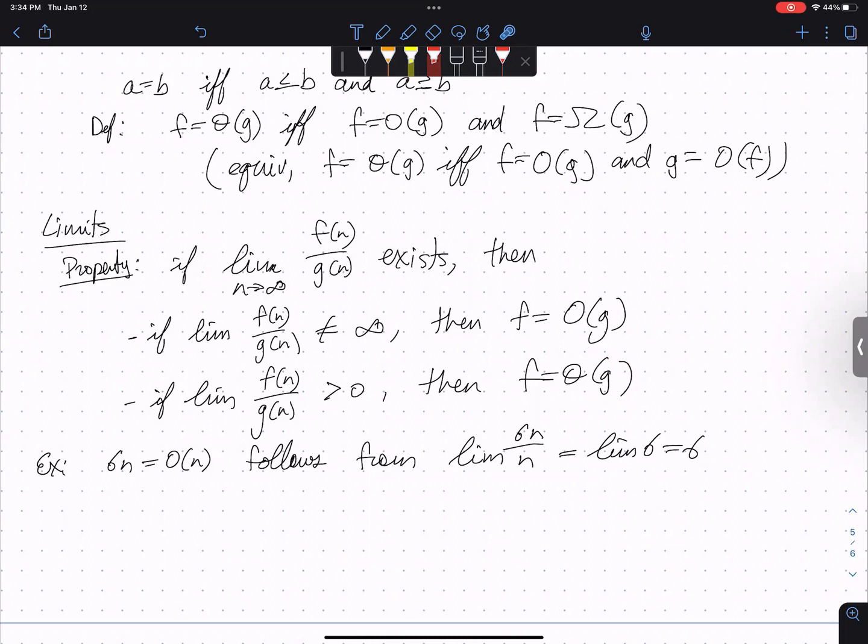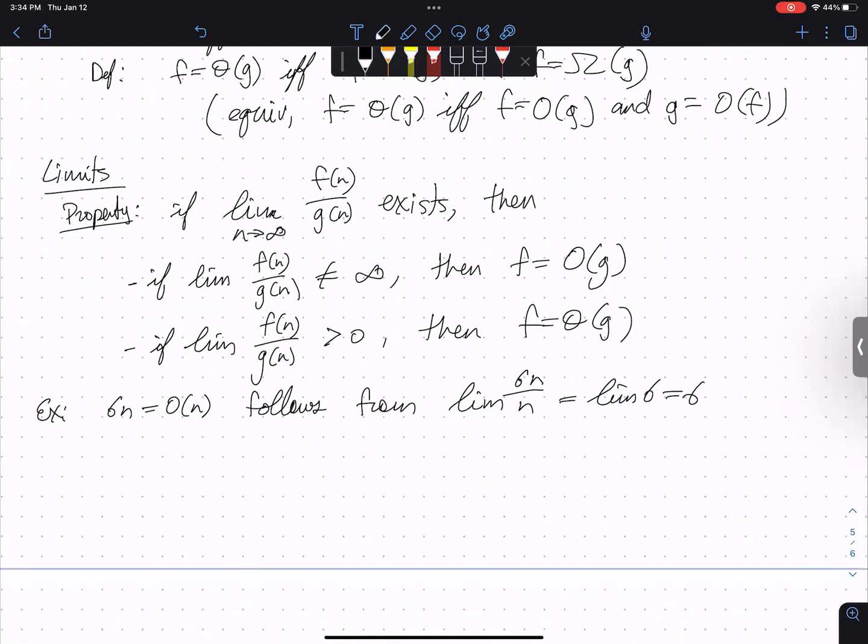Why? Let's rewind. Theta of g would be to show that 6n is O of n and 6n is omega of n. That's what theta means. We know from the property that this has to be true, but let's see if we can prove it from the definition of omega. Equivalently, this is that n is big O of 6n.